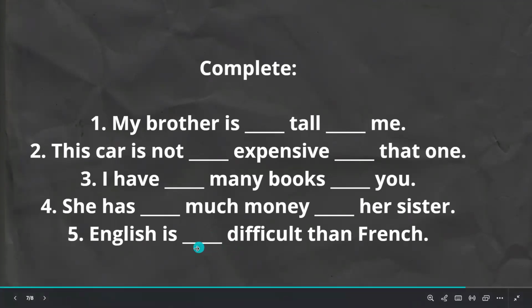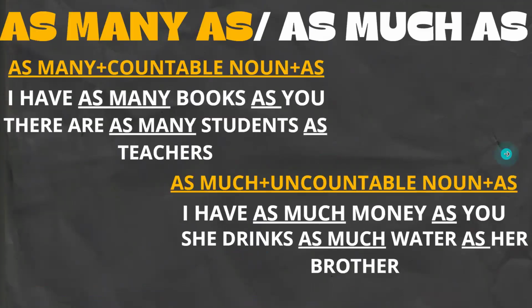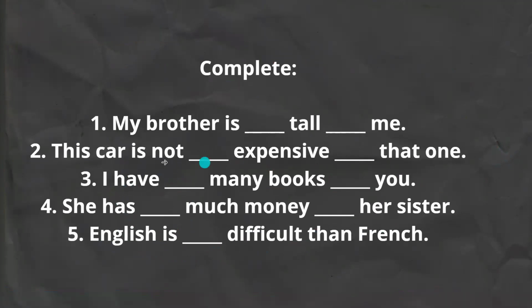Teacher, it's comparative with than, comparative is more, so it's more. You're wrong. Look: English is less difficult than French. It means that not all of this is the same. You have to put this in your mind.